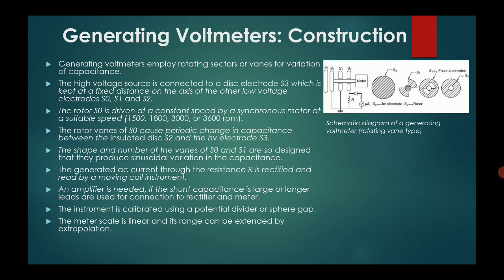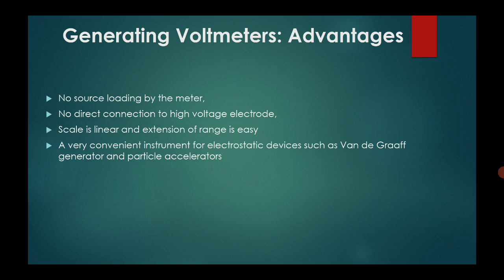The instrument is calibrated using a potential divider or sphere gap. The meter scale is linear and its range can be extended by extrapolation. So this is a description of the generating voltmeter construction.